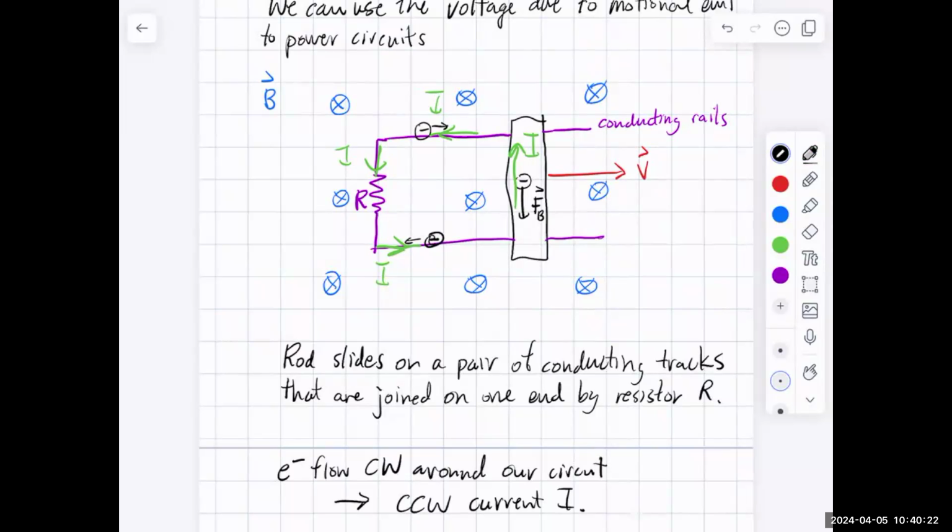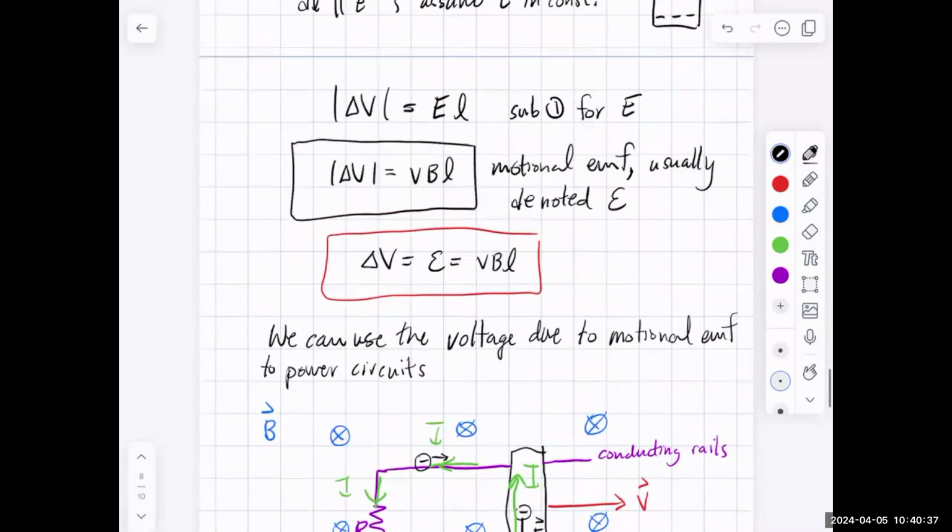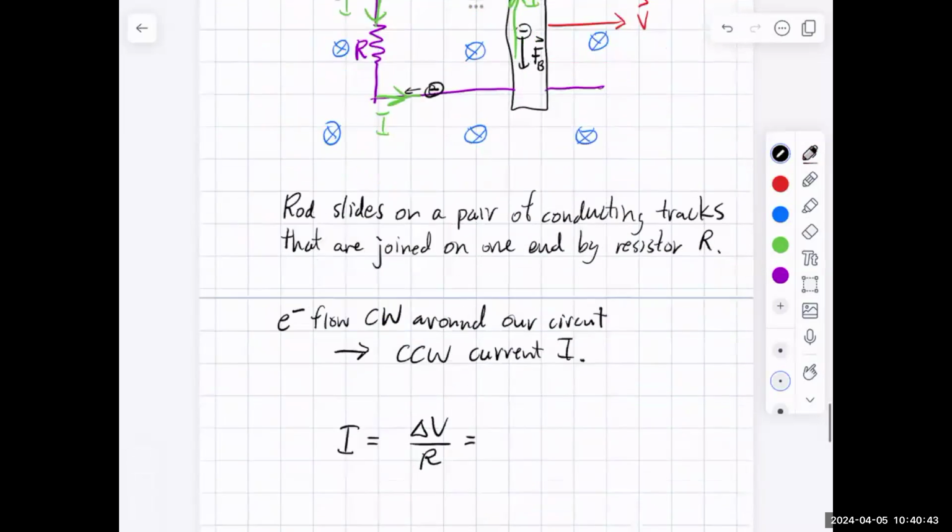All right. So if we wanted to calculate the value of the current, I is going to be equal to the voltage difference divided by the resistance. But the voltage difference we've already calculated, maybe we'll call this ε, is VBL.